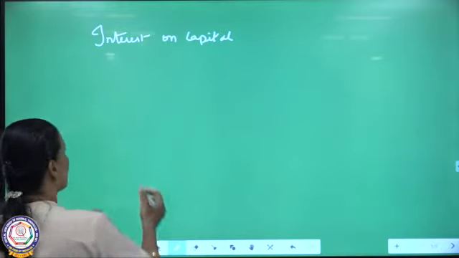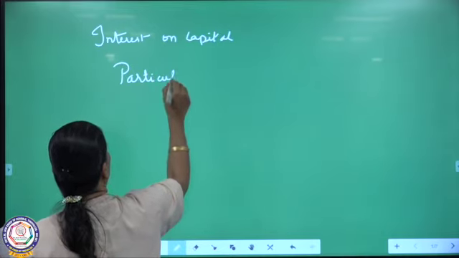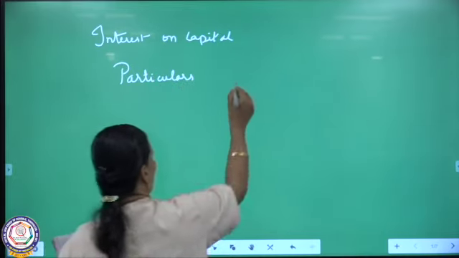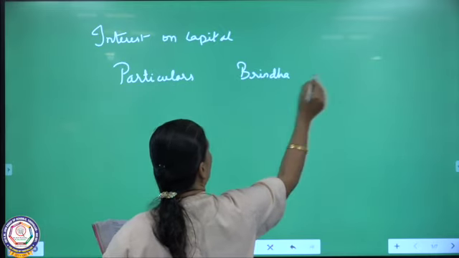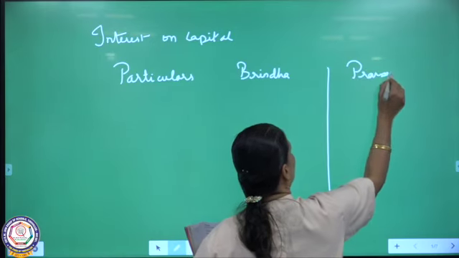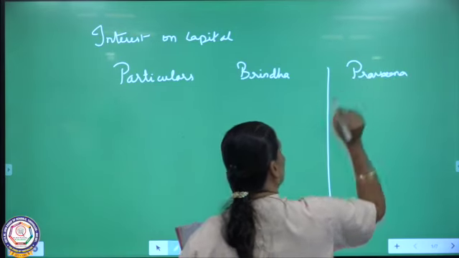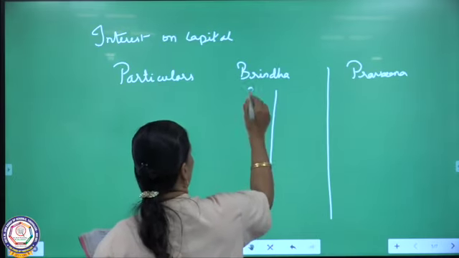Okay. So, particulars, Brinda, Praveena. Okay. So, first we have to calculate. Okay, children.